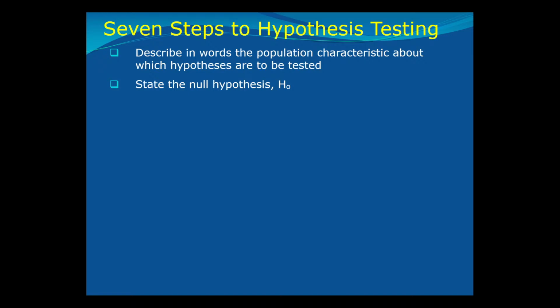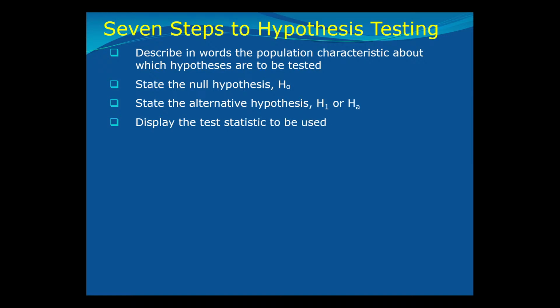Now let's repeat the steps of hypothesis testing again. First we need to describe in words the population characteristics about which hypotheses are to be tested. So we need to state the null hypothesis, and we need to state the alternative hypothesis. Then we need to find out the test statistic to be used.